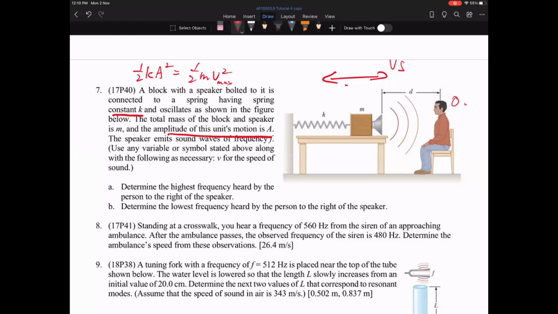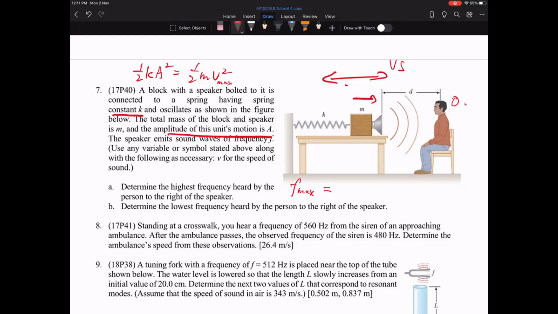The corresponding maximum frequency would be when the source is approaching the observer at the highest speed. Remember what is the equation to be used when the source is moving. Go back to the lecture notes, page 52.